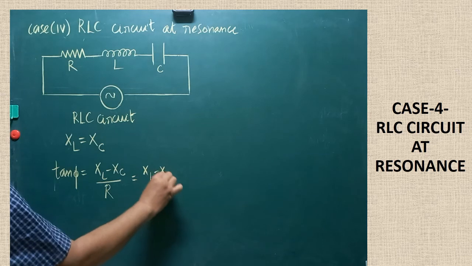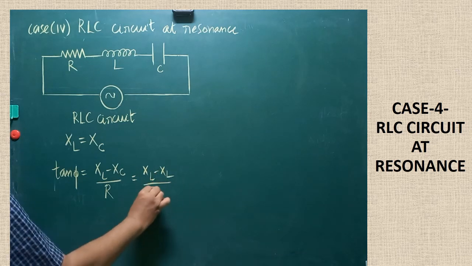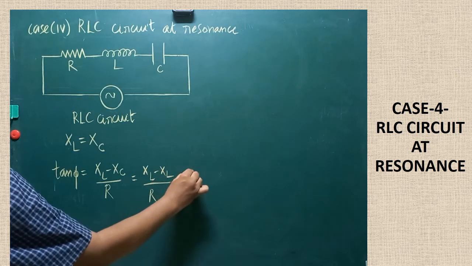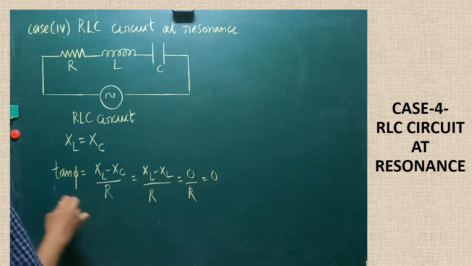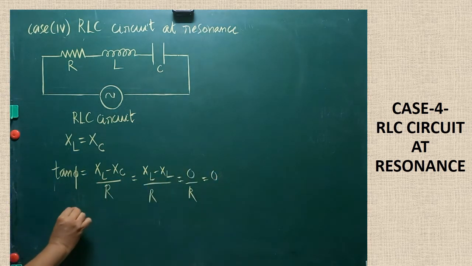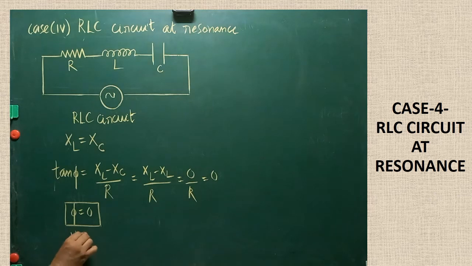XL minus XL must be written divided by R. Here the numerator becomes 0. 0 divided by R is equal to 0. Tan pi value is 0 means pi must be equal to 0. The phase difference between instantaneous voltage and current in the RLC circuit at resonance must be equal to 0. Now we have found out the phase difference between V and I.